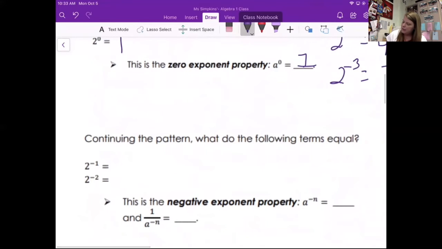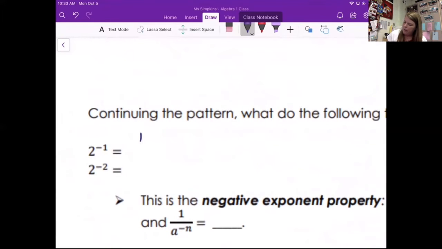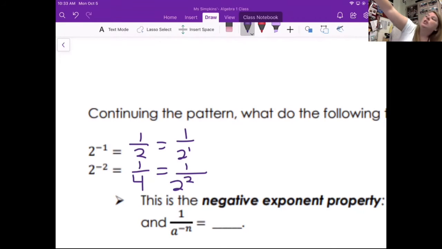So we said 2 to the negative 1 was 1/2 and 2 to the negative 2 was 1/4, which is the same thing as moving this to the reciprocal: 1/2 to the 1st or 1/2 squared. Those are the same thing. So all we did was we changed it to the reciprocal and made that negative exponent into a positive exponent.